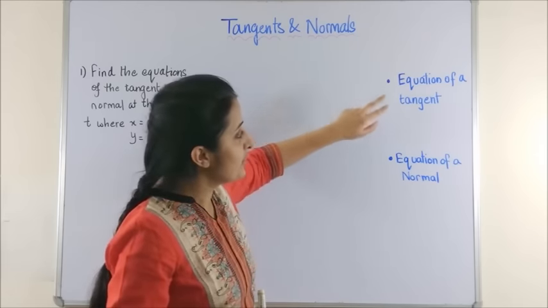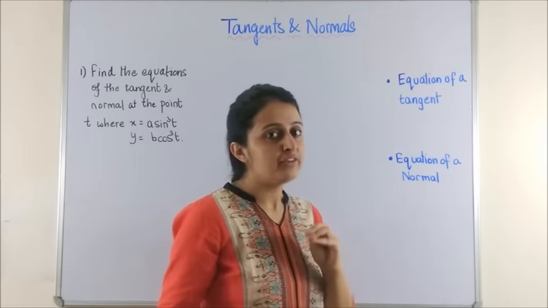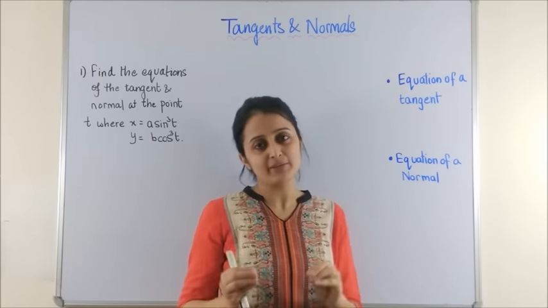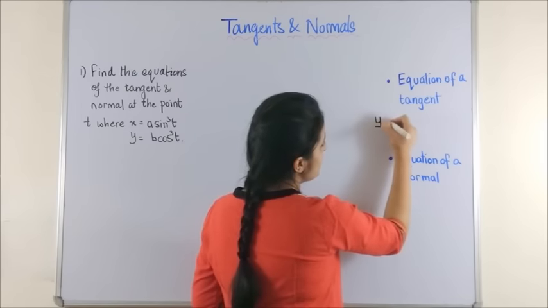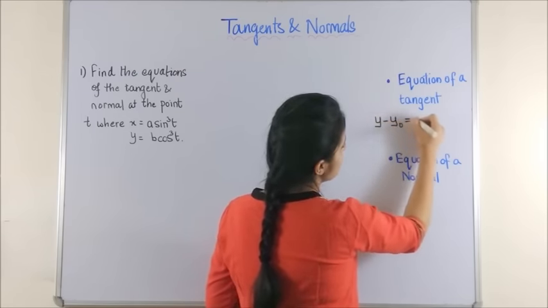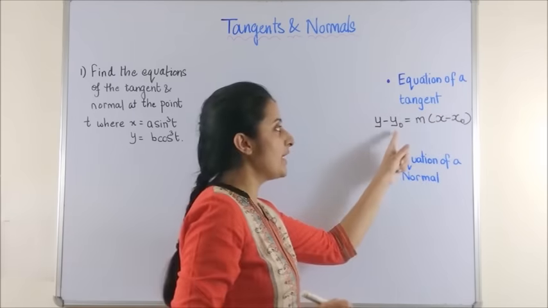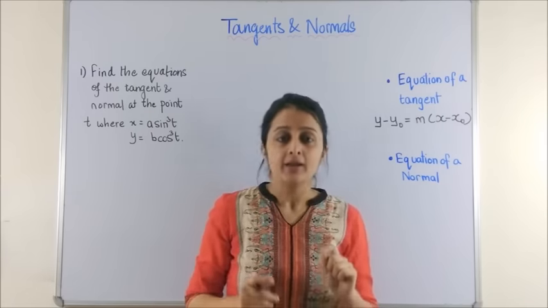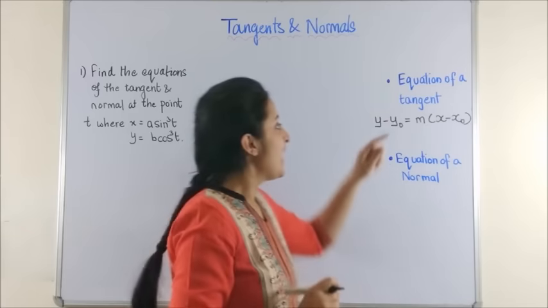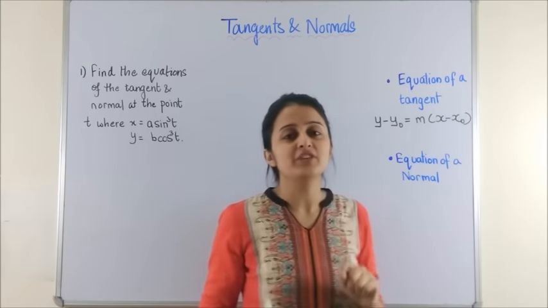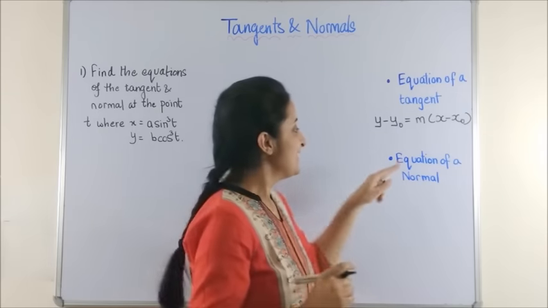In today's video, we are going to discuss equation of a tangent and equation of a normal. Though we've already discussed the equations in the previous part, as a quick recap, the equation is y minus y naught is equal to m times x minus x naught, where x naught, y naught is the point of contact, by which we mean the point at which the tangent touches the curve, and m happens to be the slope of the tangent, which we covered in part 1 elaborately.